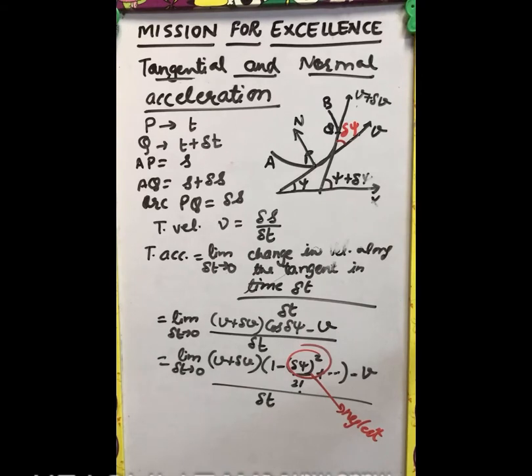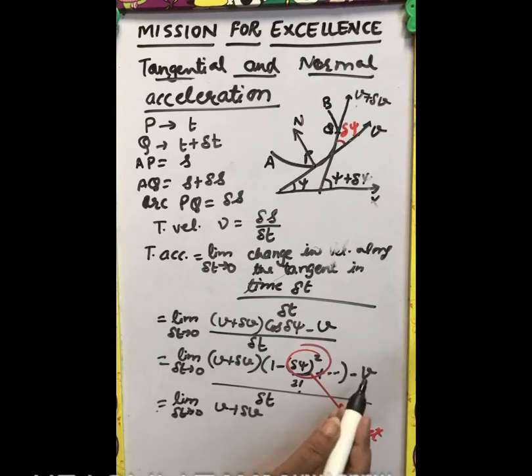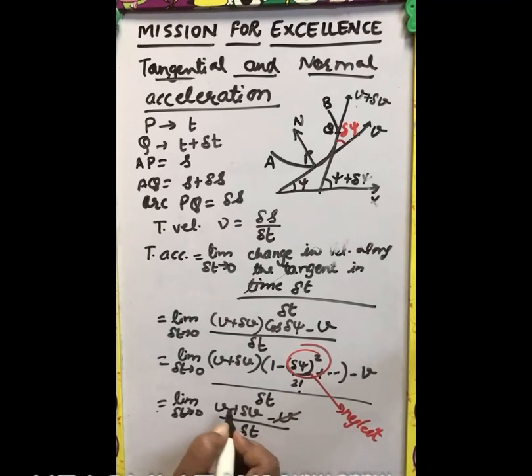So we get limit delta t tends to 0, v plus delta v minus v by delta t. This v is cancelled. Delta v by delta t is dv by dt.